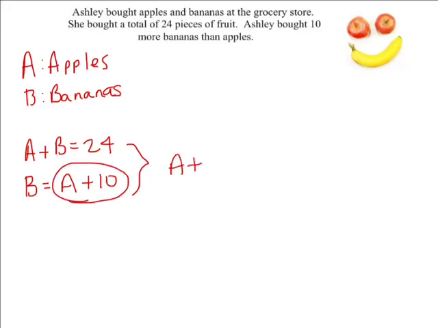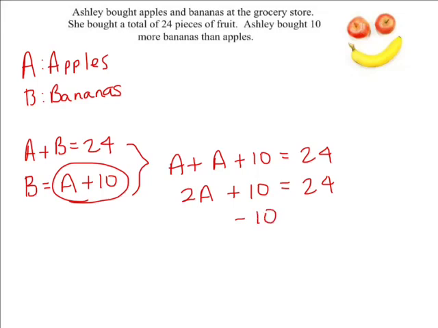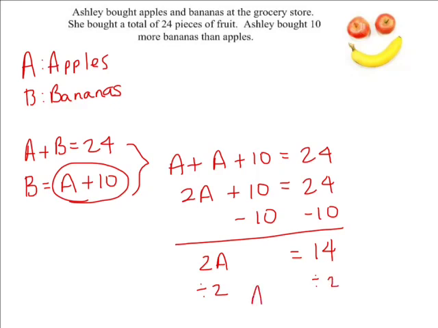So we're going to go a plus 10 equals 24. We add the like terms. We subtract the 10. And we divide by 2. And a should come out to be 7.